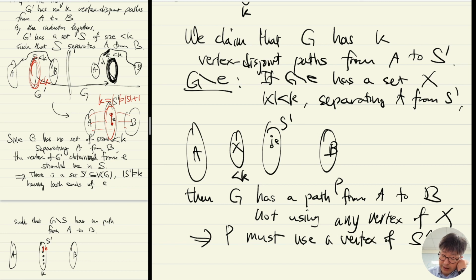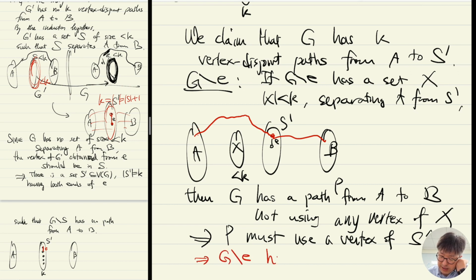If I have any path from A to B, because S separates A from B, it has to use at least one vertex. So therefore, there is a path from A to S prime.